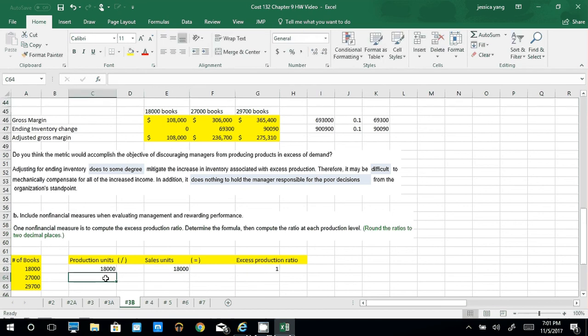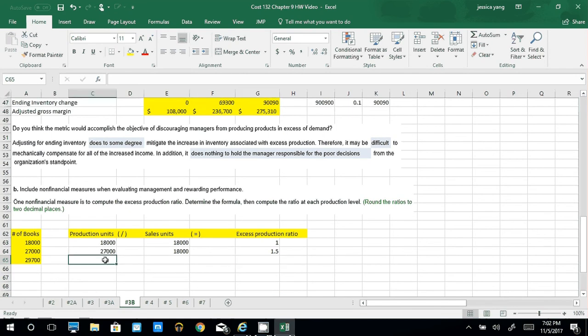And then for the 27,000 books, I'm going to divide that by the 18,000 sales, which gives me a 1.5 excess production ratio.